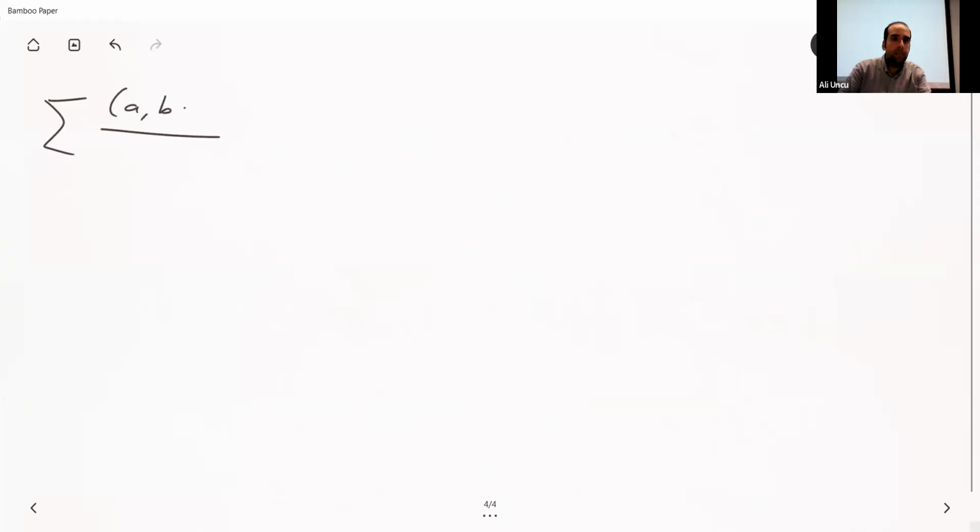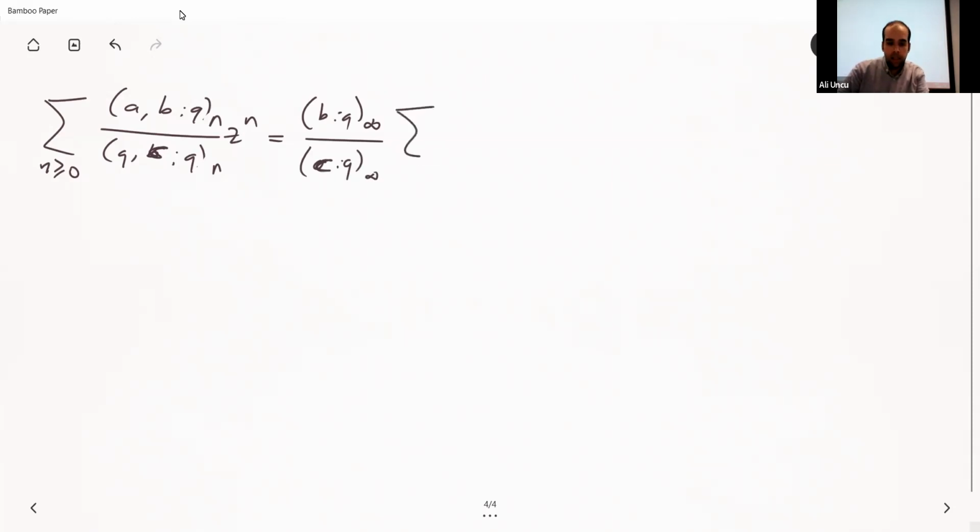We started with this, and this is the only issue with these virtual boards, that I'm having a really hard time keeping it small and running out of space. Okay, so what we learned is we have (b; q)_∞ divided by (c; q)_∞, and we end up getting the sum.